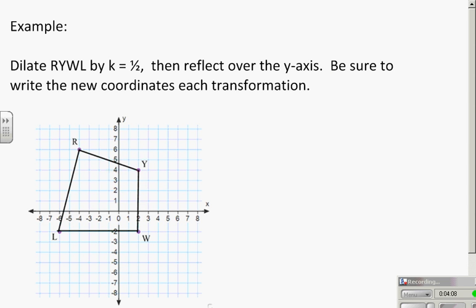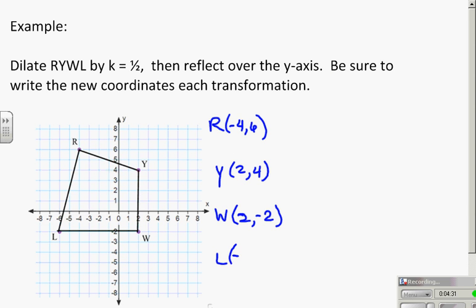Now this RYWL example, if you're looking at your notes, there are two, and we are going to check the order to see if order matters. So let's start with R is at (-4, 6). Y is at (2, 4). W is at (2, -2).